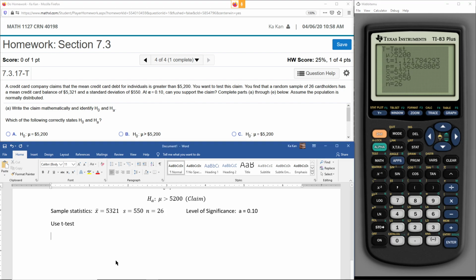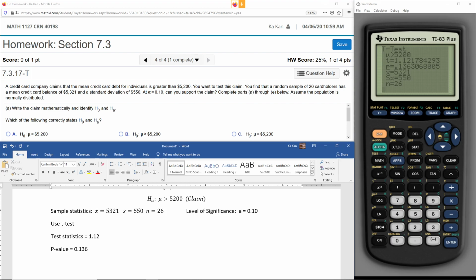Easy, right? So the test statistic is 1.12. What is the p-value? It is 0.136.